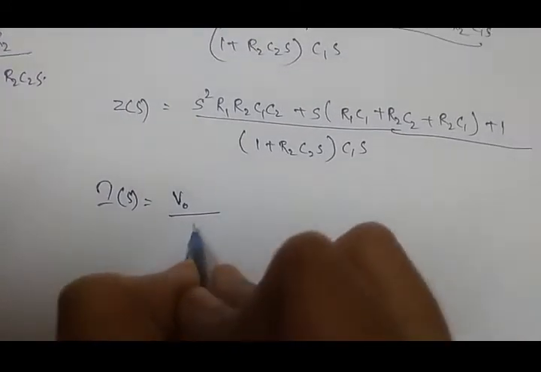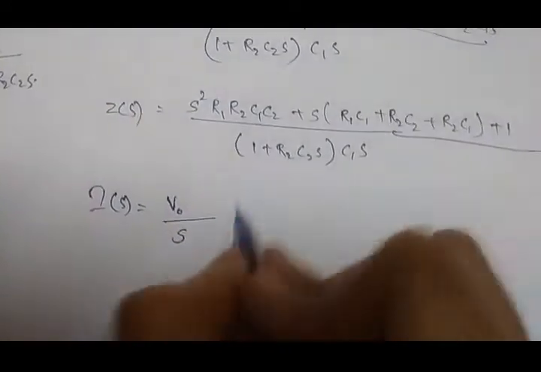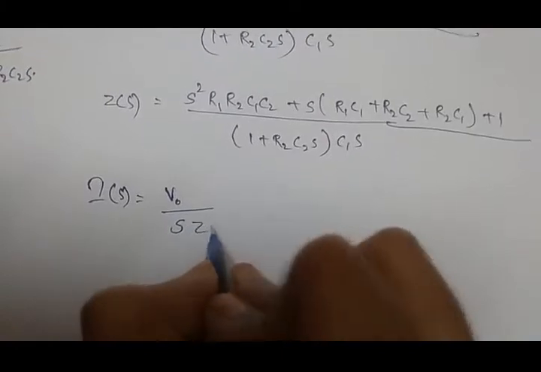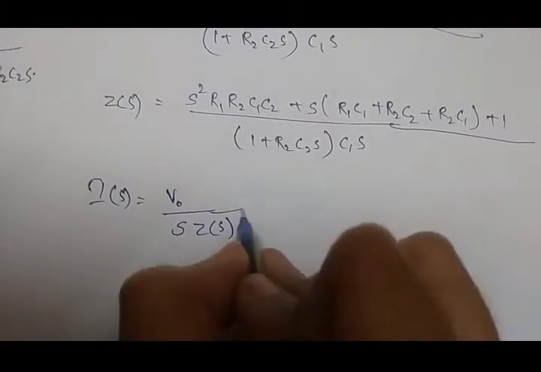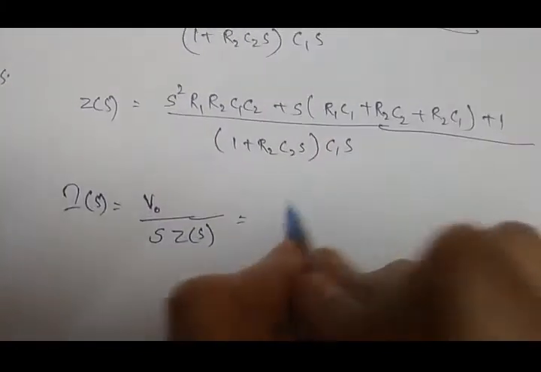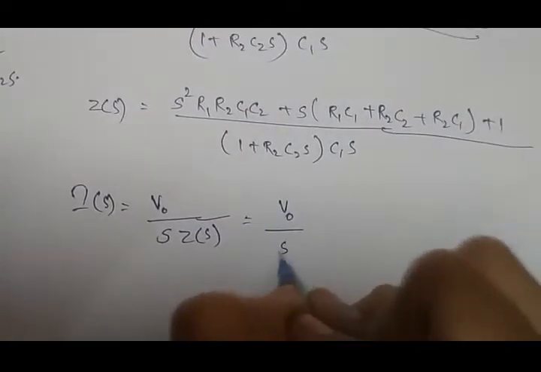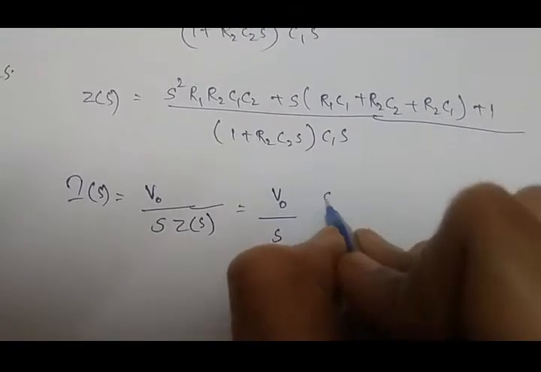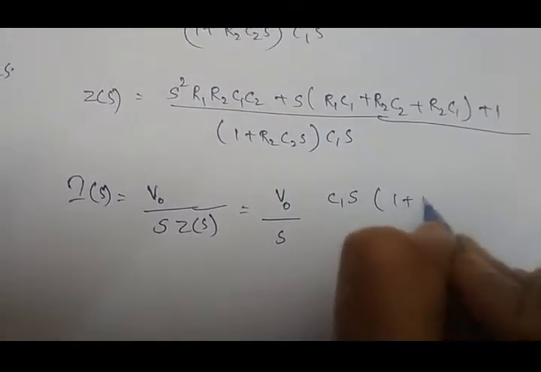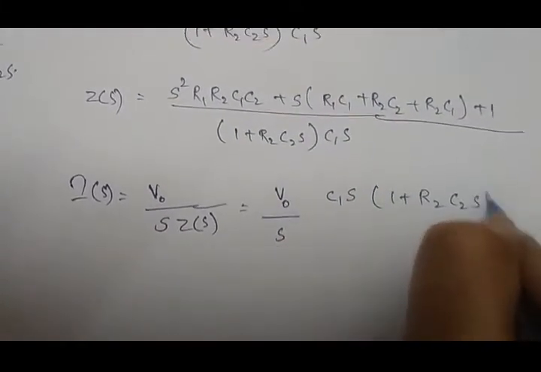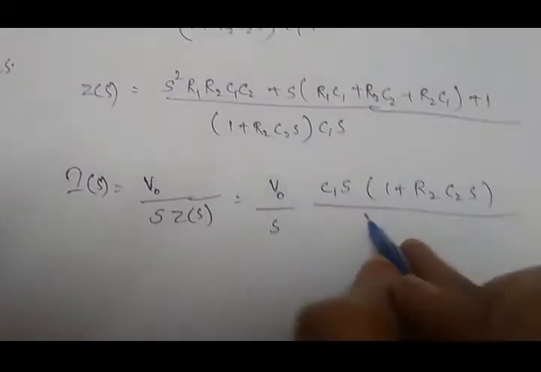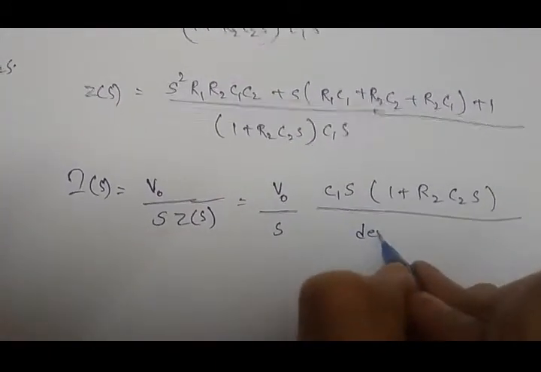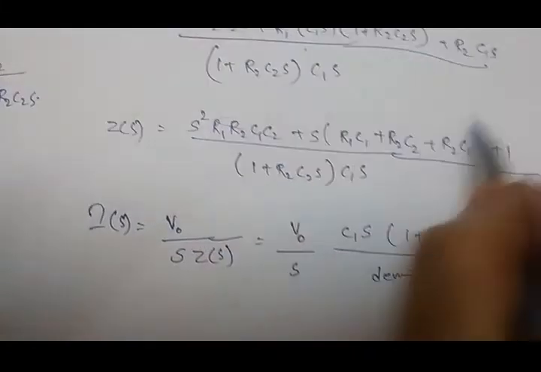It is a constant DC, so it will be 1 divided by S, divided by Z of S. Try to arrange these terms, and enter the denominator here.